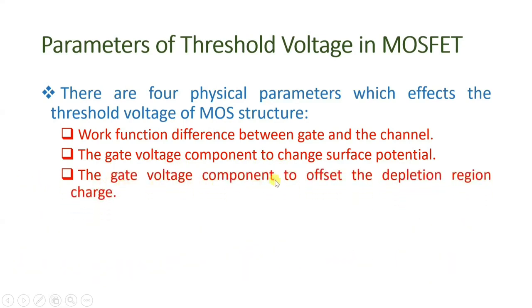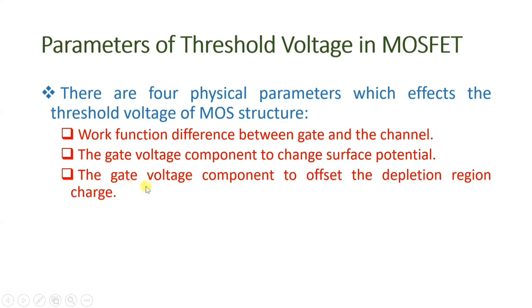Third is the gate voltage component to offset the depletion region charge. When I explained MOS working with external bias, I explained that when you apply gate voltage, the holes of the p-type substrate will move from the surface deeper inside the material, and when the holes move from the surface deeper inside, they form ions, and because of those ions there will be generation of voltage.